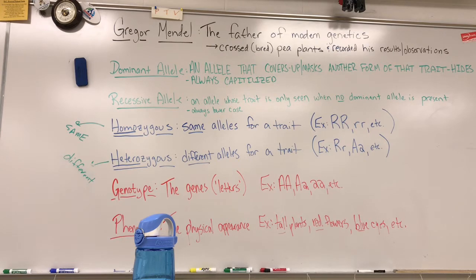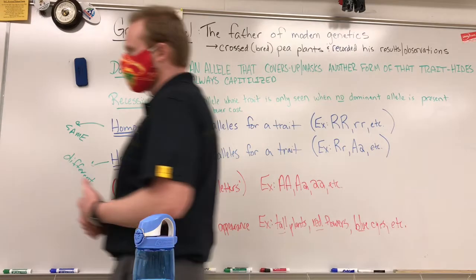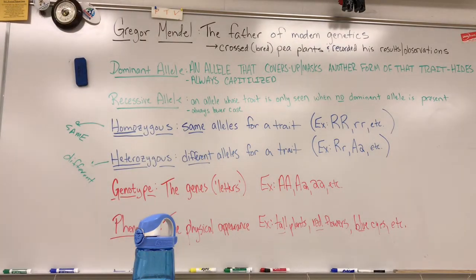It doesn't have to be something we physically see, but it's a trait being observed. Lactose intolerant would be the trait. It would be the physical characteristic that you are lactose intolerant. We don't physically see it, but it's the trait that's being expressed. Okay. So that's what these terms on the top of this are. That's the terms you wrote on that other sheet of paper.